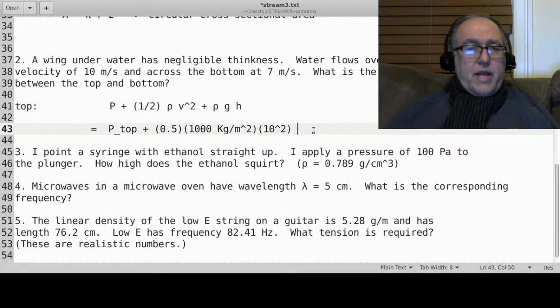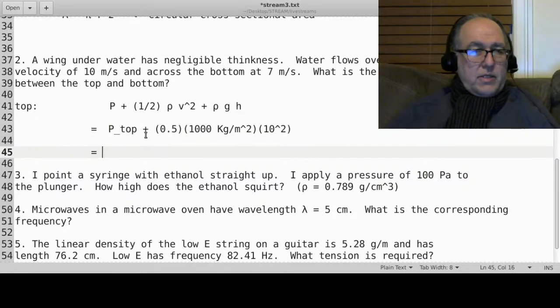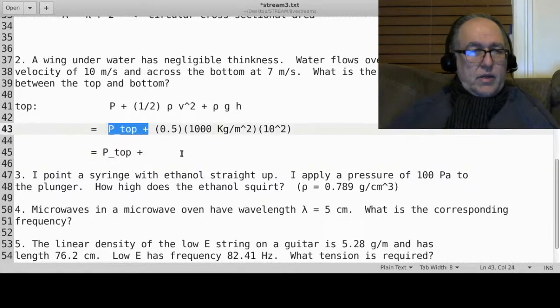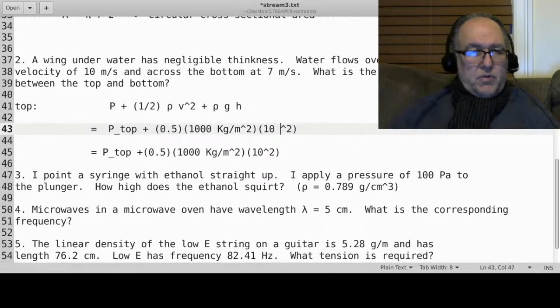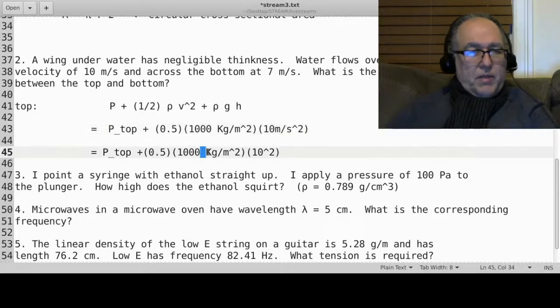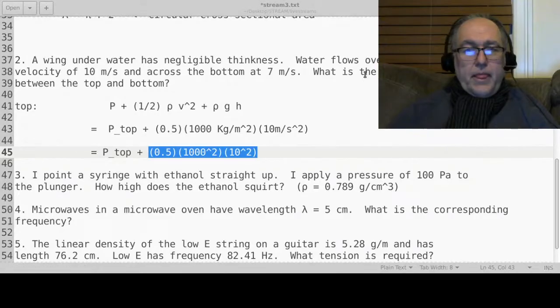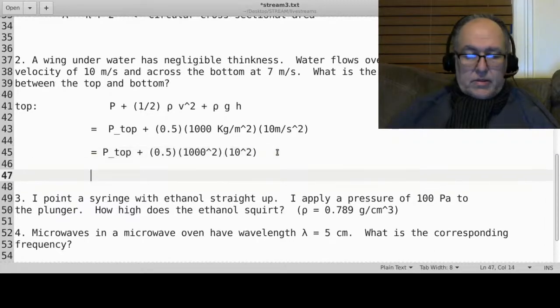Okay, so now we've got that. Let me simplify that a little bit. So that's going to be this. Let me actually remove the units. I guess I should put here meters per second just to show you that that's where the units are, but I'm going to drop the units here so I can cut and paste into my calculator, and that should just give me this answer right here, is equal to P top plus that.